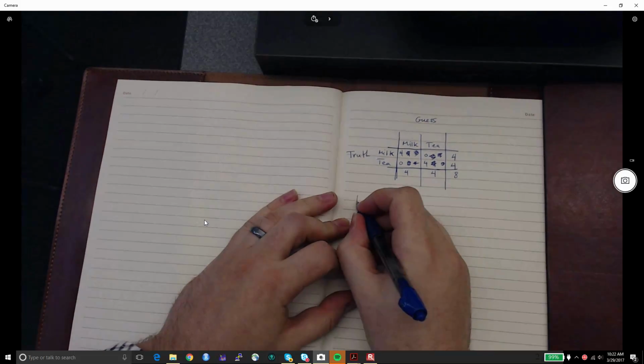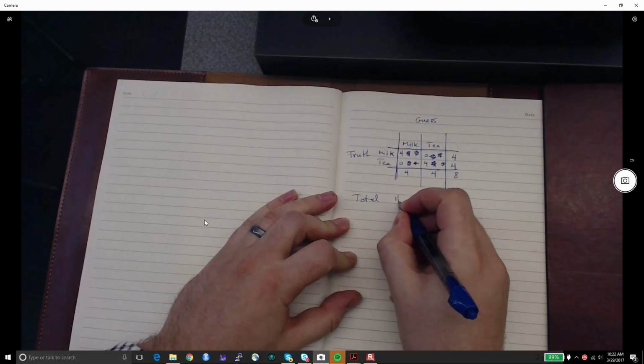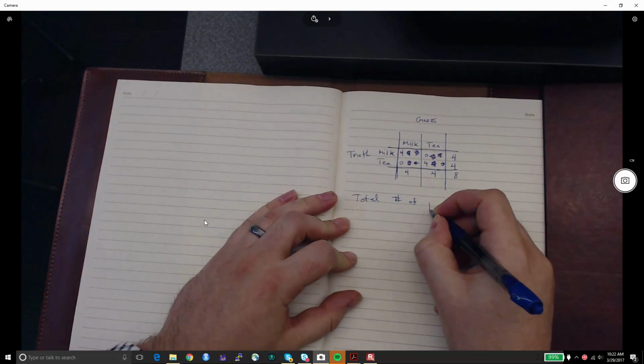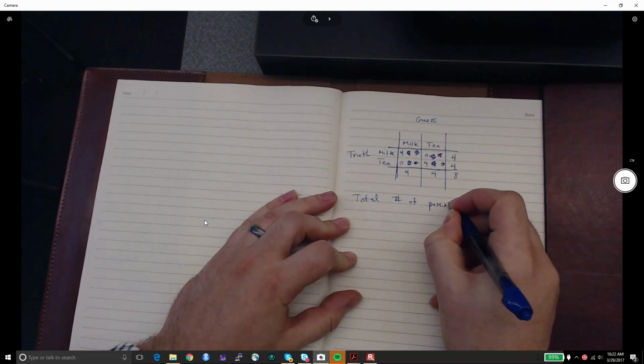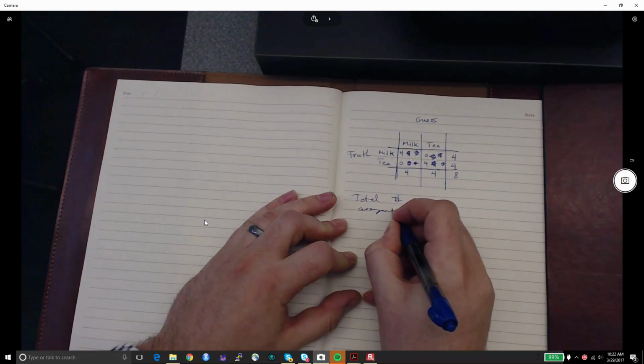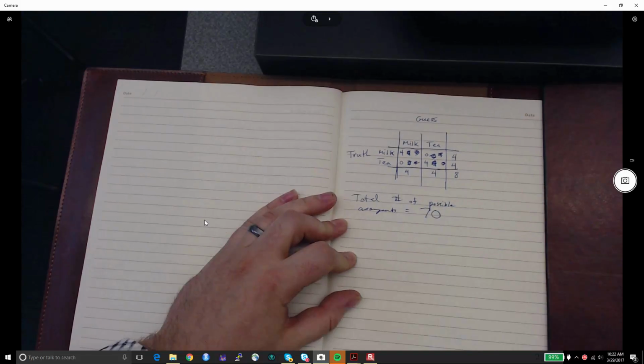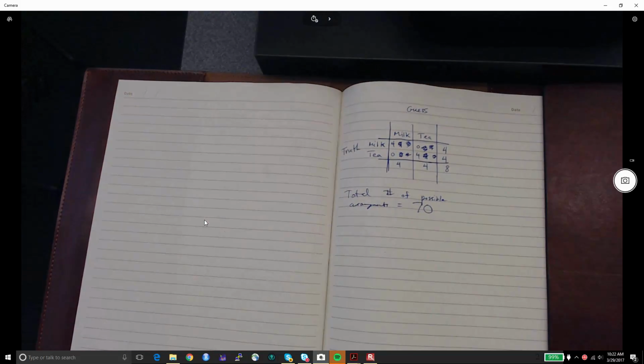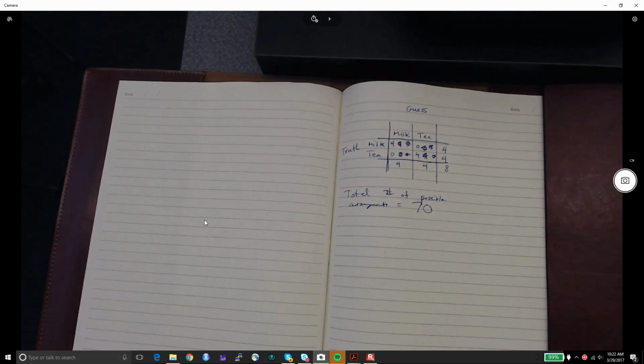And if you do that, it turns out that the total number of possible arrangements is equal to 70 for this particular table. So with these particular margins, 4, 4, 4, and 4, there are 70 possible rearrangements of those internal cells.